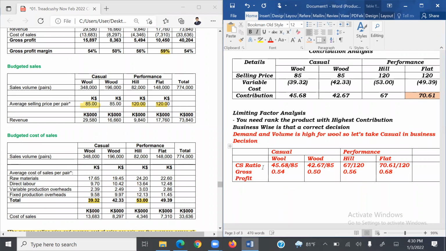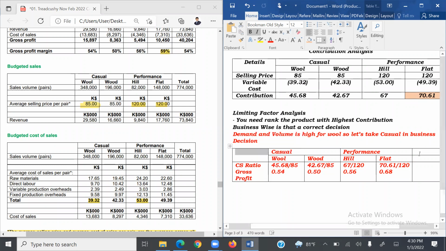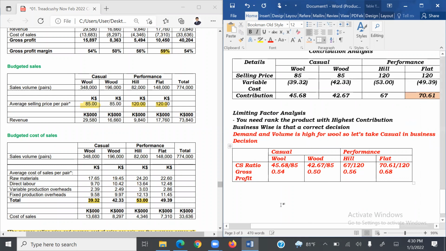Are you clear on that point? So if you see, flat is a premium range product, and that is the reason your ratio is a little high. Are you getting that understanding? If I'm not mistaken, the CS ratio is contribution divided by selling price, and this is how we do the analysis.